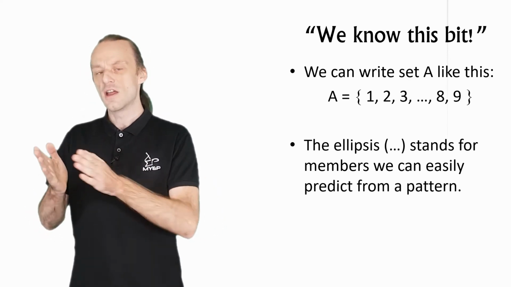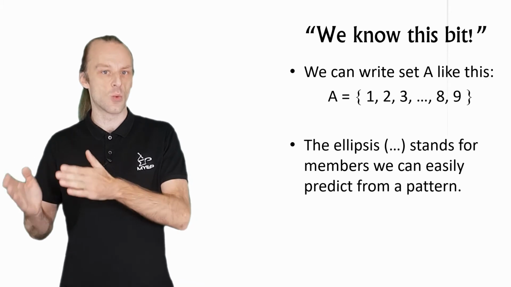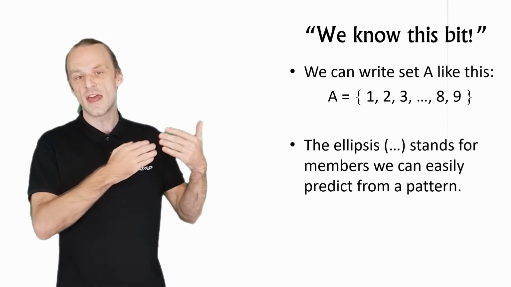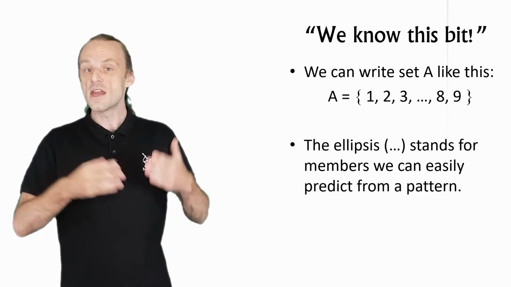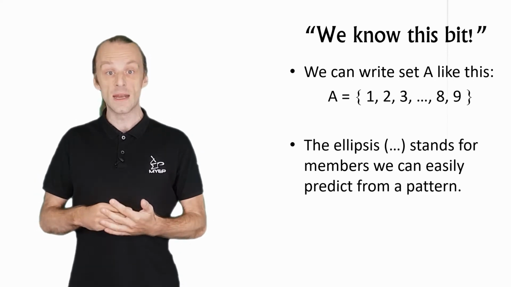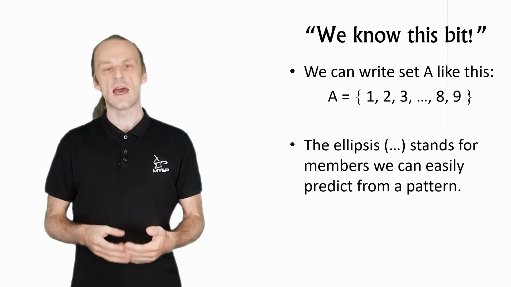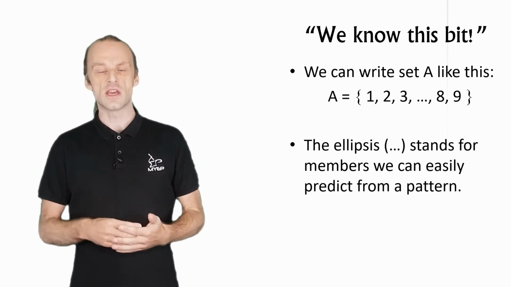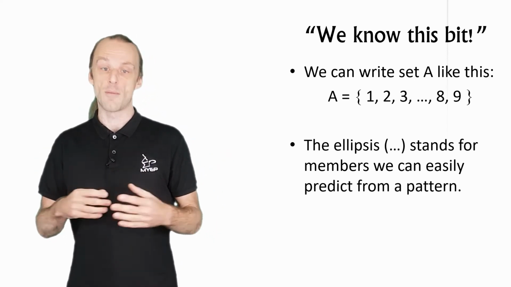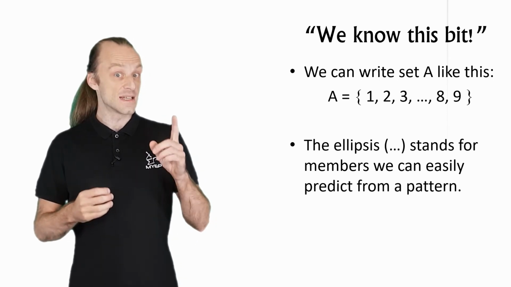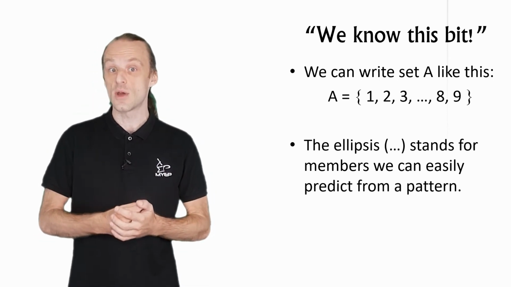If you know the first few Arabic numbers, 1, 2, 3, and you know that they end with 8 and 9, then you know what comes in the middle. So we can use the ellipsis to make it easier to write out large sets if we can predict their members from a pattern.